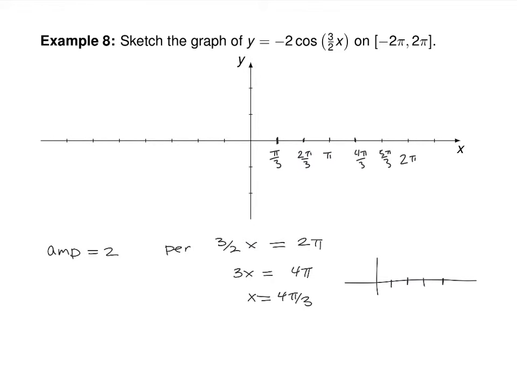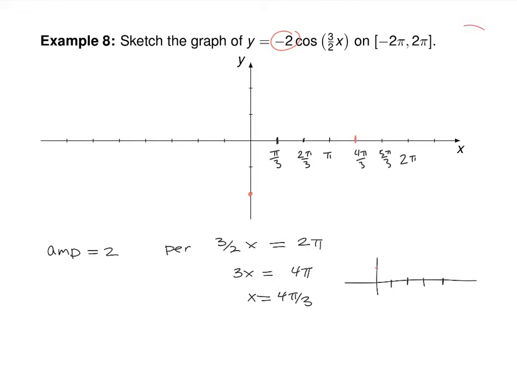This particular cosine function goes through its entire cycle by 4 pi thirds. So where would cosine usually start? Cosine usually starts at 1, right? But because this one has this -2 in front, where is cosine going to start? -2. Does that make sense?